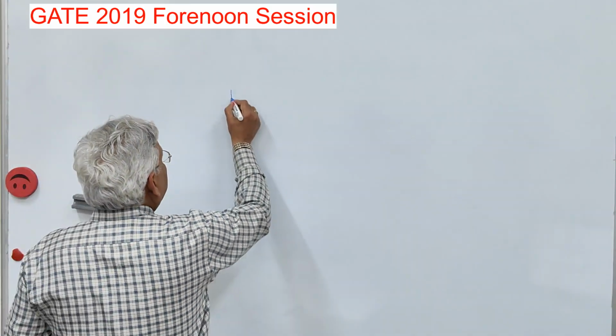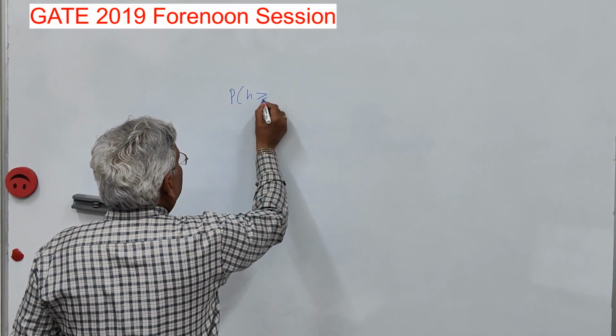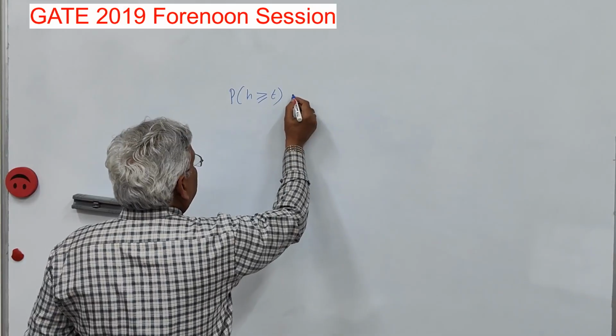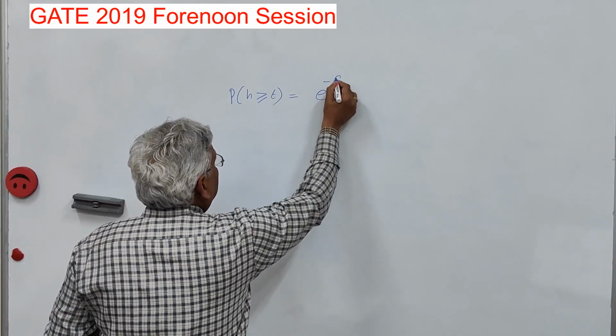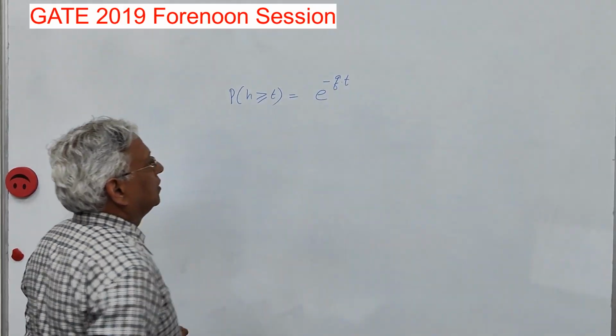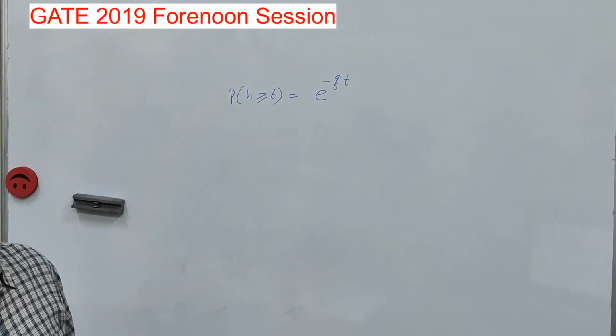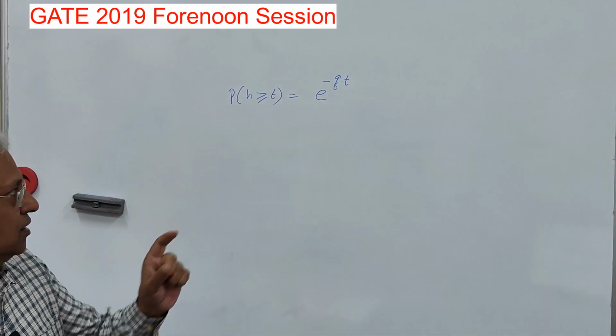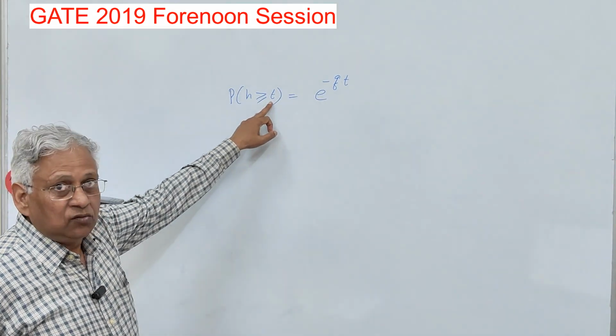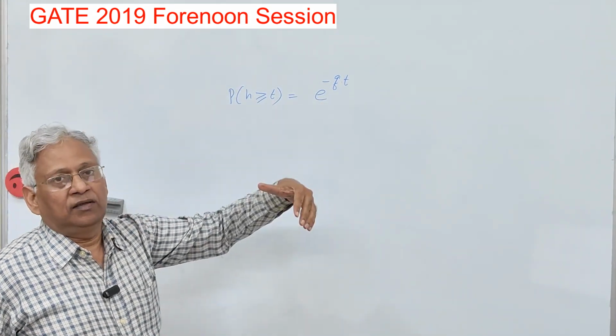And then the probability of headway being more than or equal to t is given by e to the power minus q into t. T is the time interval, and q is the rate of arrival.